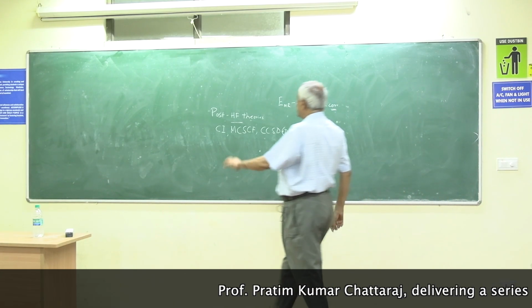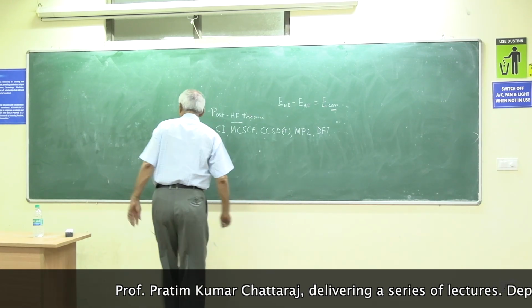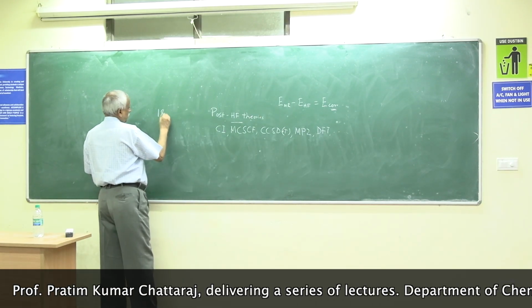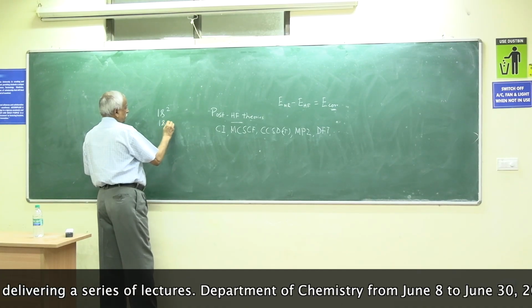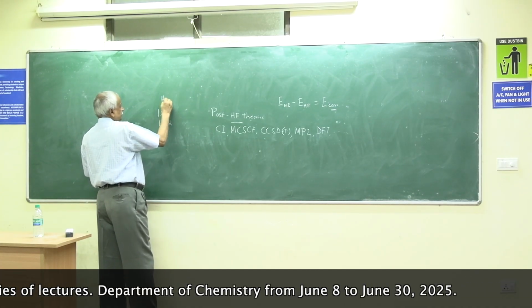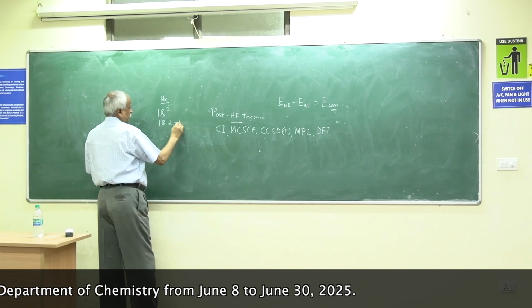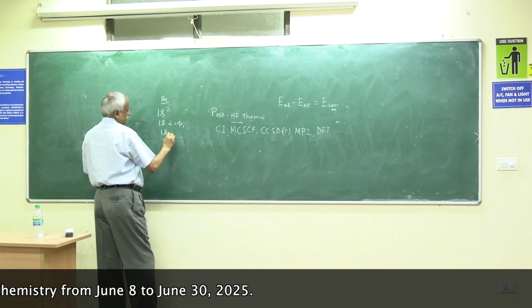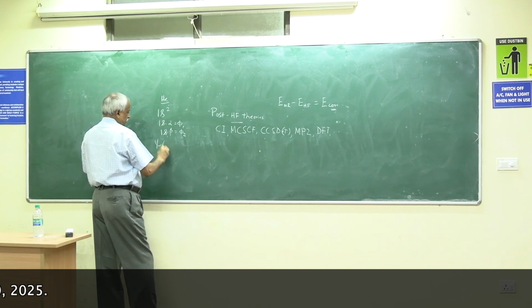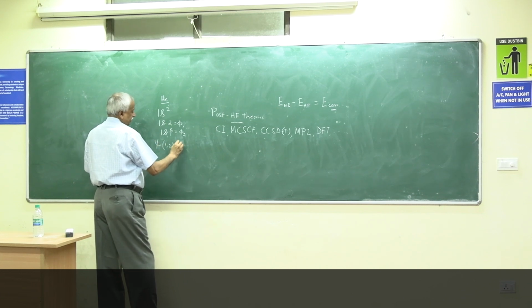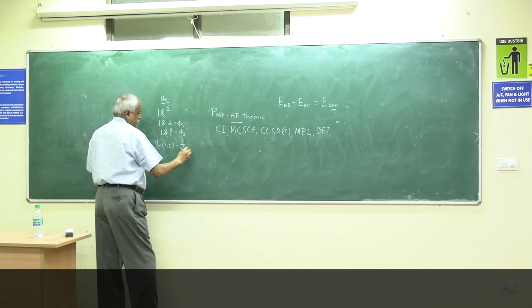So configuration interaction, how do you get it? Suppose I write 1s², that means 1s alpha for the helium atom as your phi 1, 1s beta as your phi 2, and then you write psi(1,2) as 1 by root 2 factorial times the determinant with phi 1(1), phi 1(2), phi 2(1), phi 2(2).